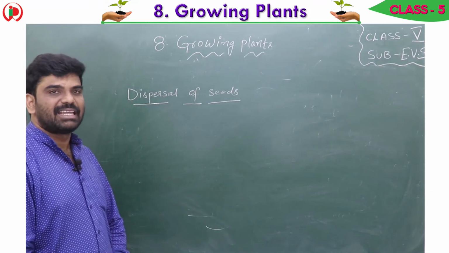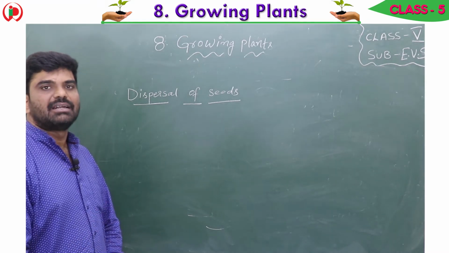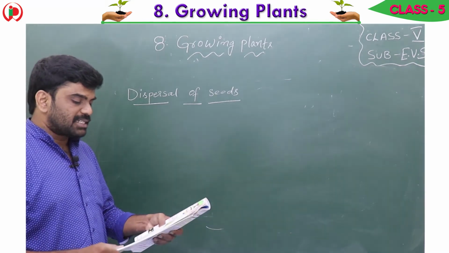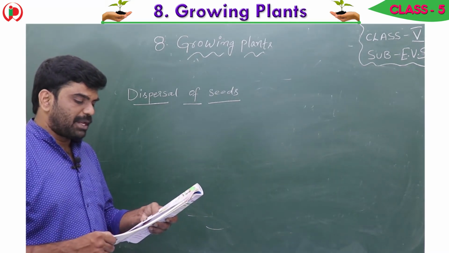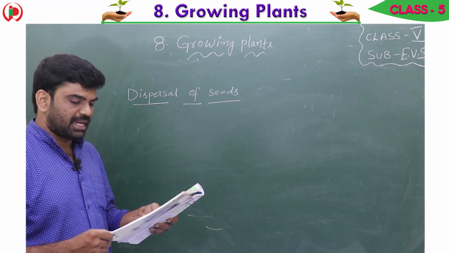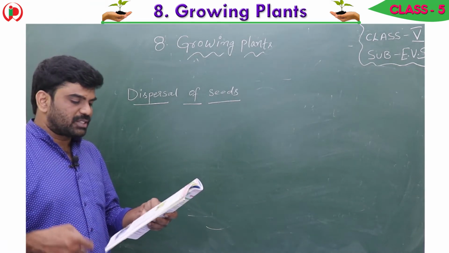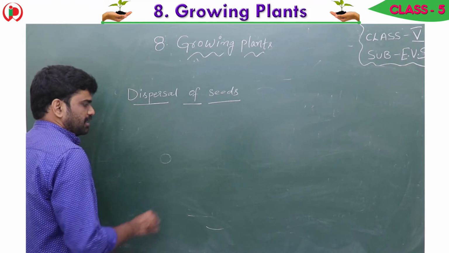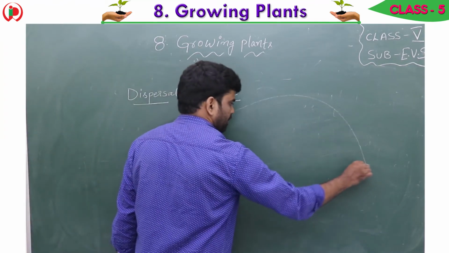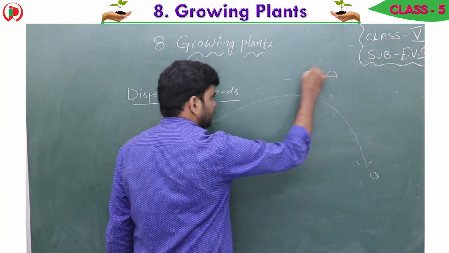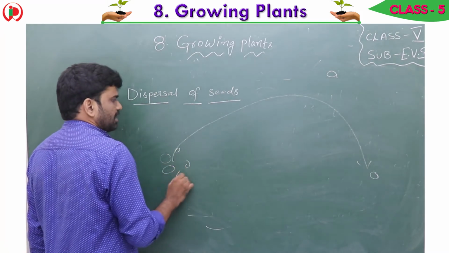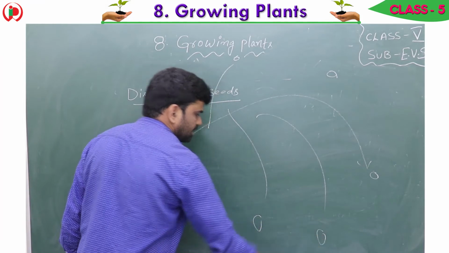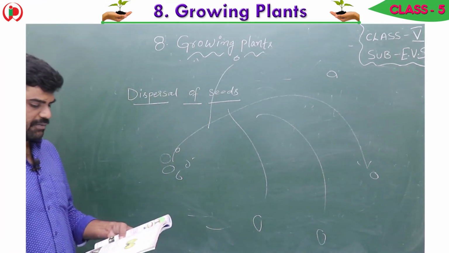Some agents are there. Let's see about the dispersal of the seeds by the agents. Plants cannot move from one place to another place. So nature has developed some ways to scatter their seeds at faraway places. For example, the seed is there. So nature will move or scatter these seeds. Seeds are here, children, like this, like this. The scattering will take place. So how will the scattering take place?